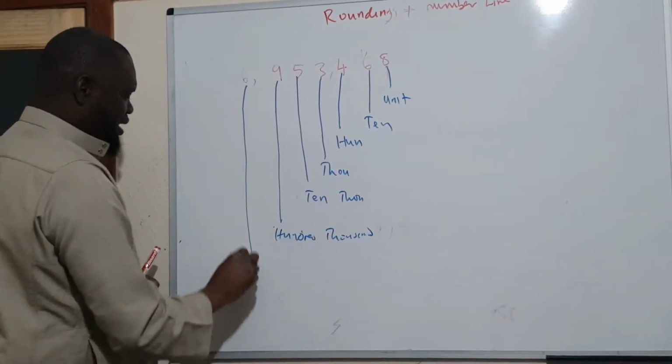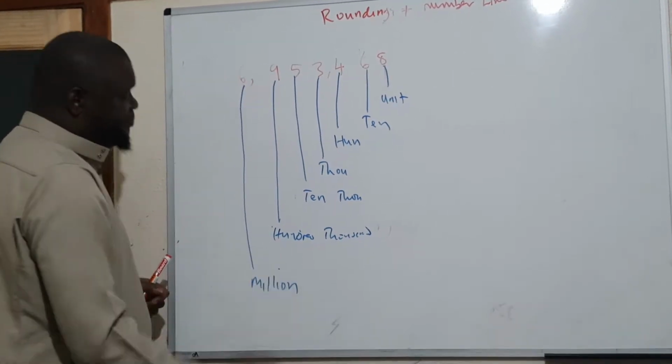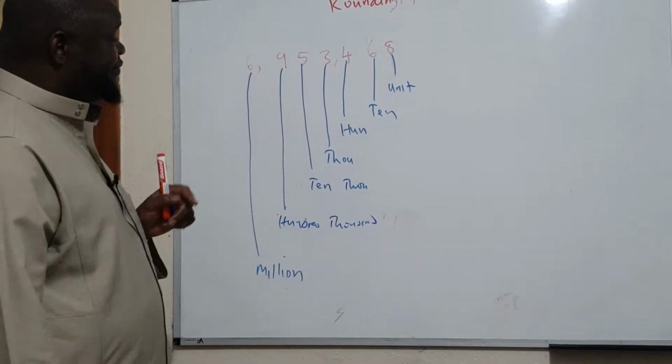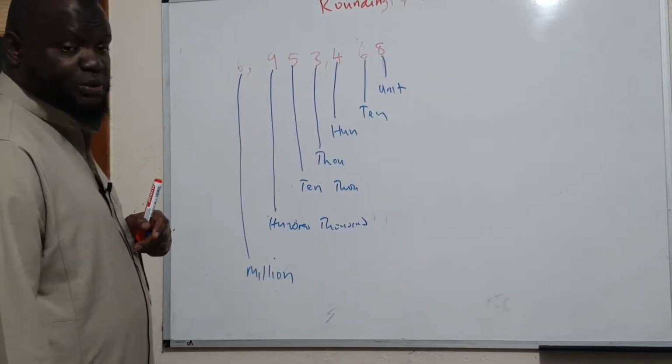Now 6 represents our biggest number, a million. So if you know the position of each of these figures, then when we are given a rounding question, it's very easy to deal with it.